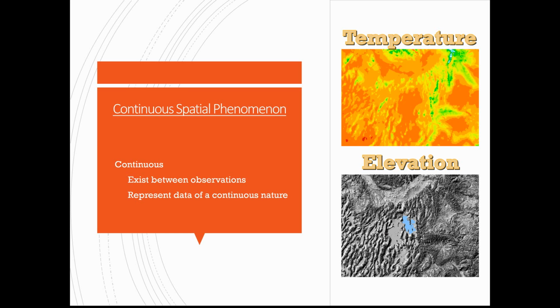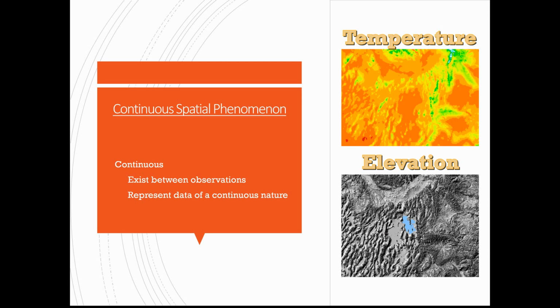The second type of spatial phenomena is continuous. A continuous spatial phenomena is something that exists between our observations. It is data of a continuous nature that cannot be isolated as an individual. It is perhaps best explained through examples. For instance, temperature is a continuous phenomenon that gently varies throughout space. A temperature reading at a single location does not represent a well-defined location where it is exactly that temperature.